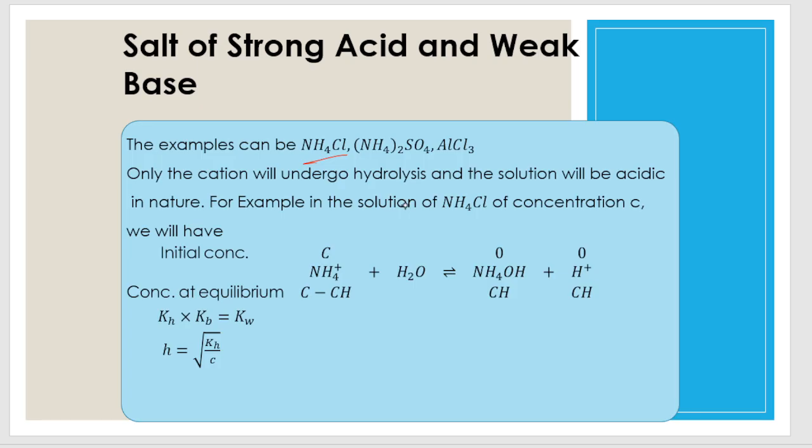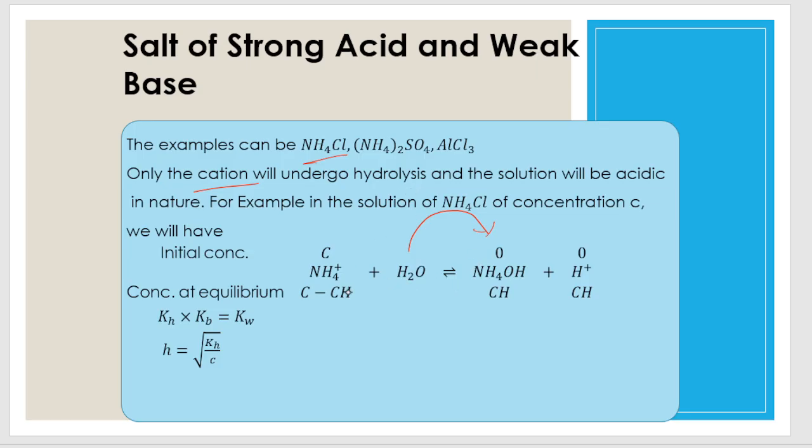The ammonium ion, when reacting with water, produces a weak electrolyte, NH4OH. As NH4OH can dissociate again into NH4+ and OH-, there exists an equilibrium because NH4OH is a weak electrolyte. Hence, in the case of NH4Cl, only the cation undergoes hydrolysis, which is called cationic hydrolysis.